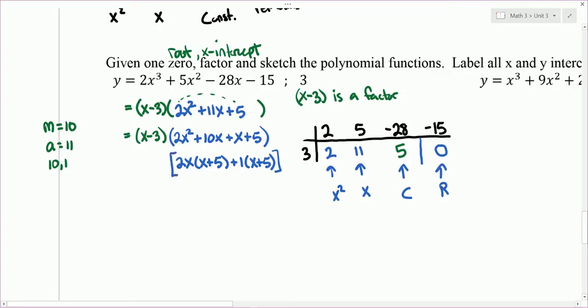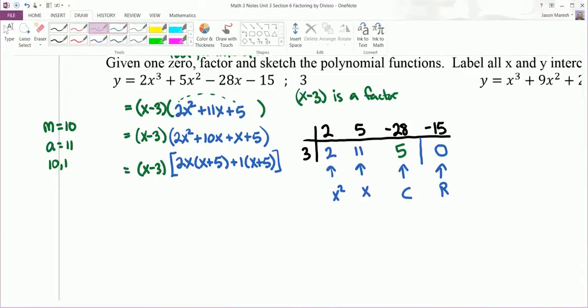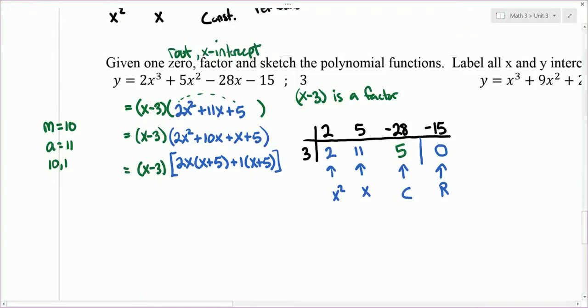Going to put everything in brackets, and don't forget to bring down the x minus 3. And we have 2x plus 5. Factor that out. You get x plus 5 times 2x plus 1.